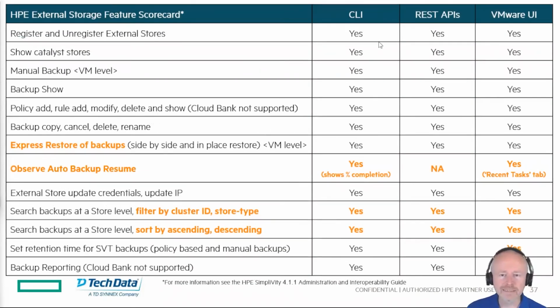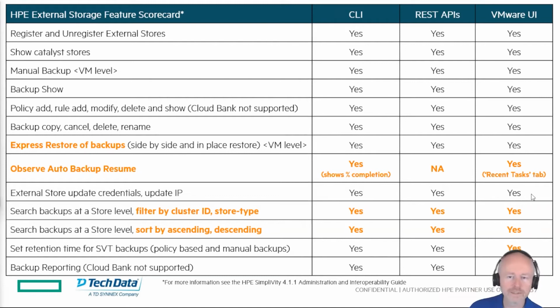Also, like I said, initially in the UI, in the first generation, I'm talking about 1 year ago, there was a lot of no, no, no, no, yes. Well, now you will see with the latest update, yet another reason to update to 4.1.1 update 1, is that finally you can do all the things from within CLI in the VMware user interface as well.